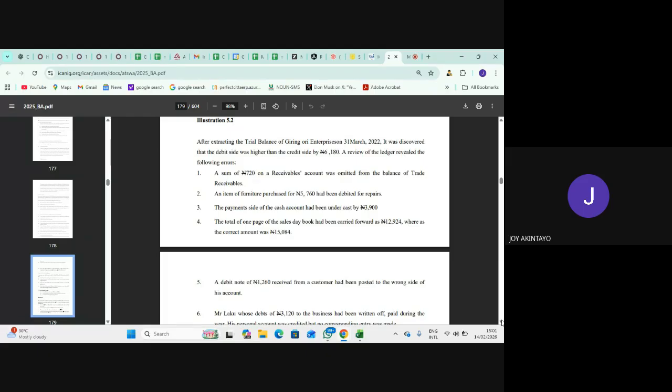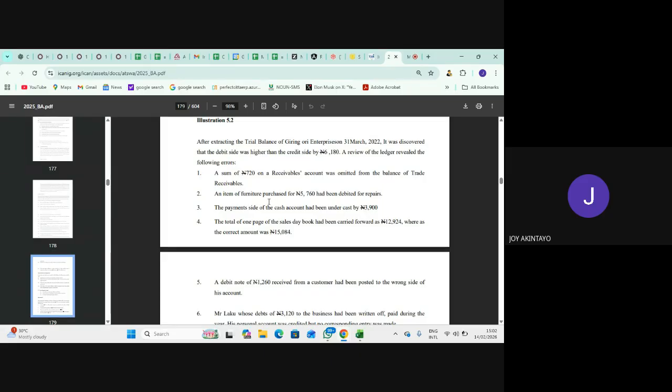So that's error of principle. Do you understand? Because it affects a wrong class of accounts. Yes or no? It only affects a wrong class of what?